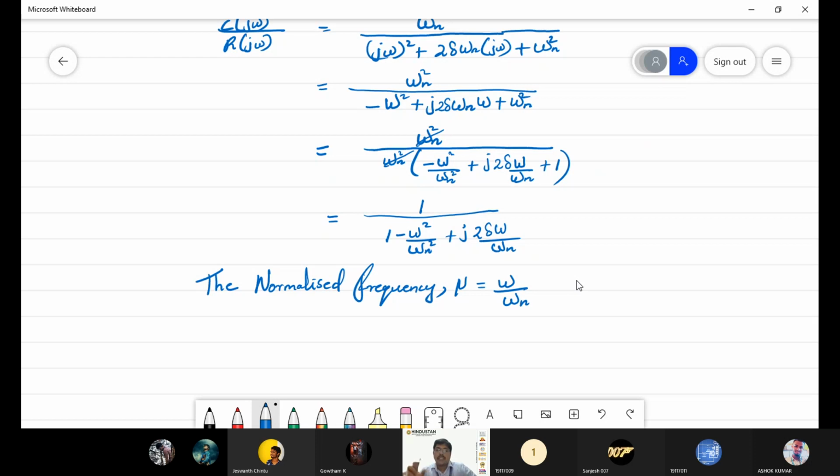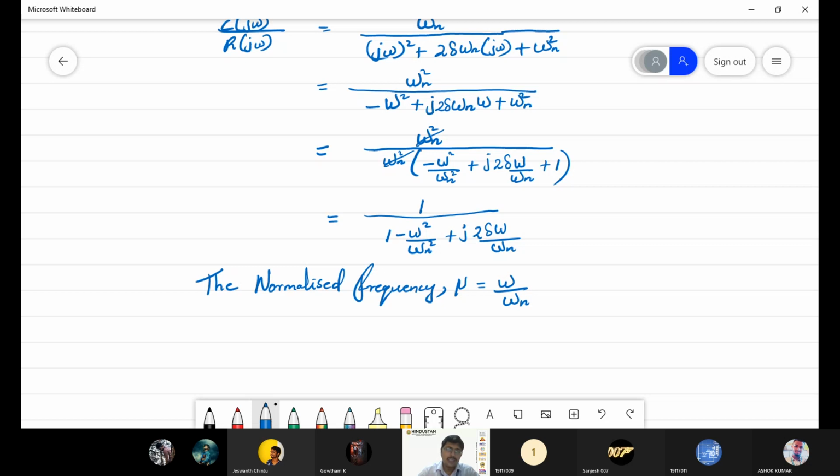Now listen, there also we have the damping ratio, no? The damping ratio is the ratio of two different terms, and here also we take a normalized frequency since these are frequency domain specifications. So here the normalized frequency is named mu, and that is equal to omega divided by omega n. Right? Now we are going to substitute that.